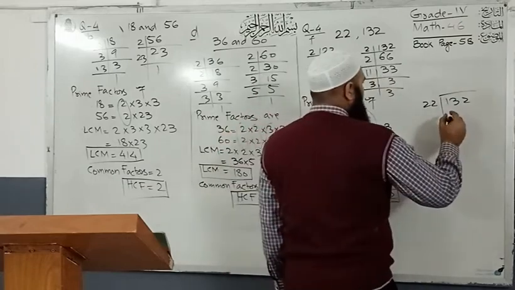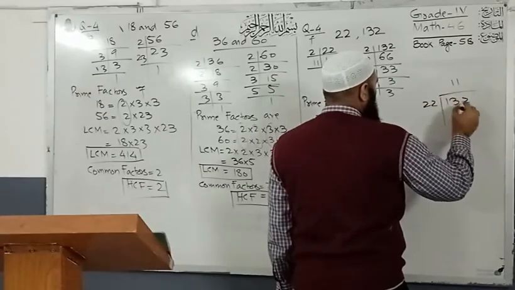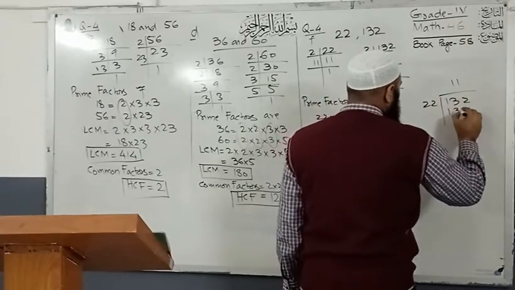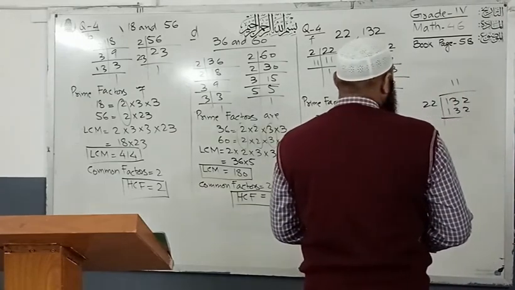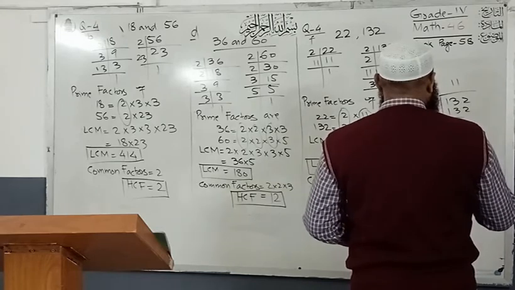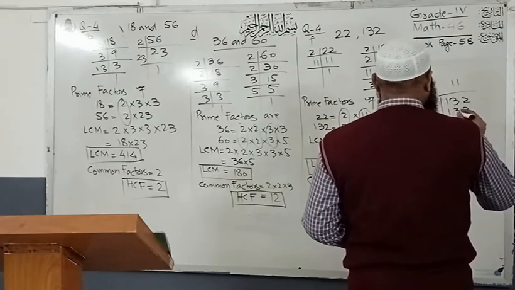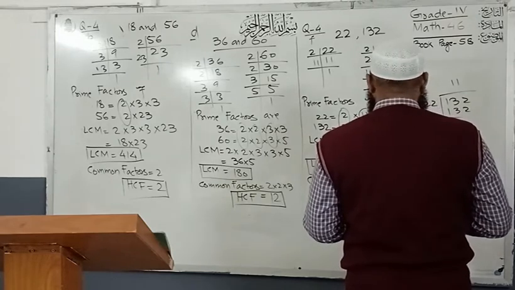Okay. This will give 11. 11 times 22 will give us 132. No, there is a mistake, I think.